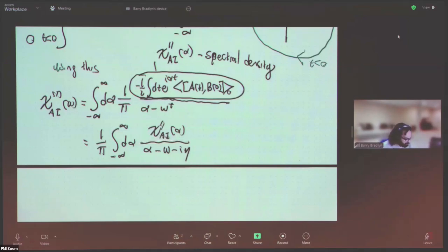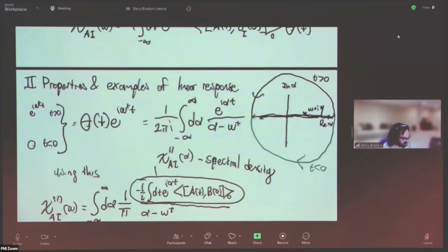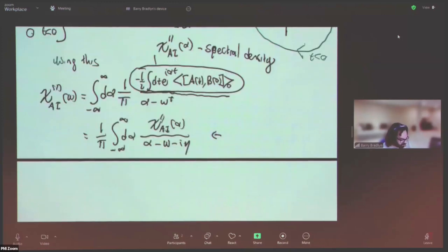All of the singularities occur when the imaginary part of omega is negative. So this shows us, because of causality, this theta function, our Kubo formula, is analytic for imaginary part of omega greater than 0. Okay, that's nice.